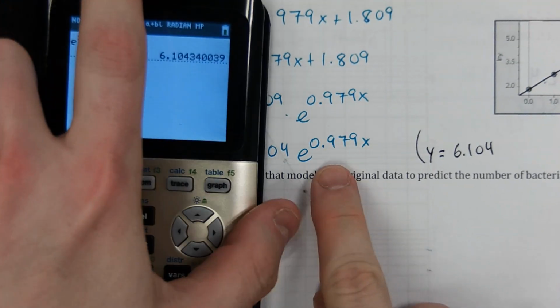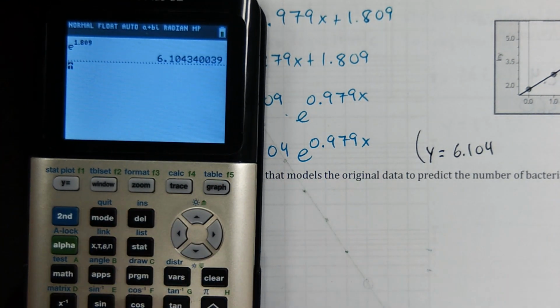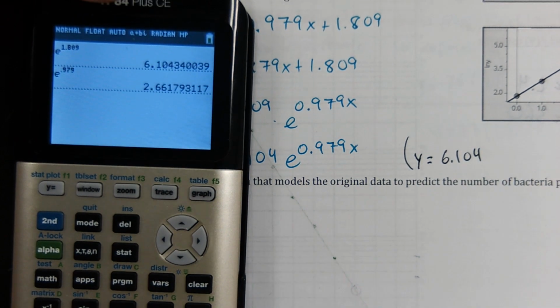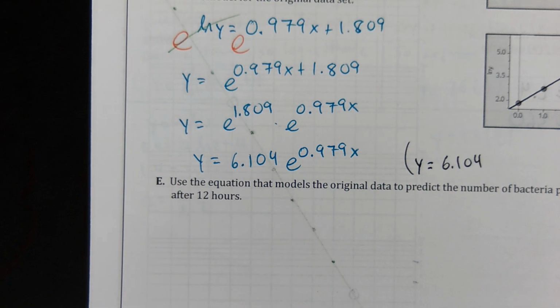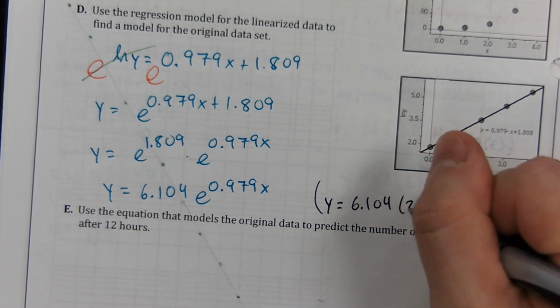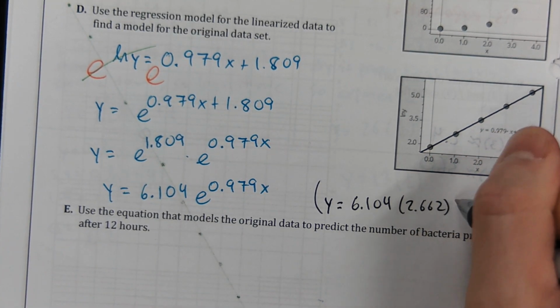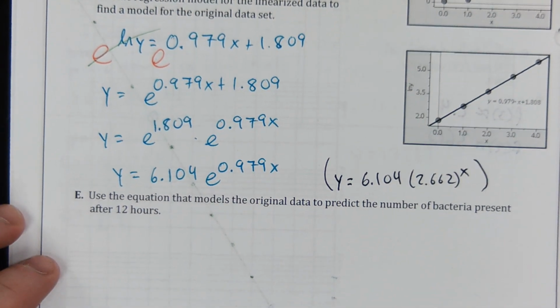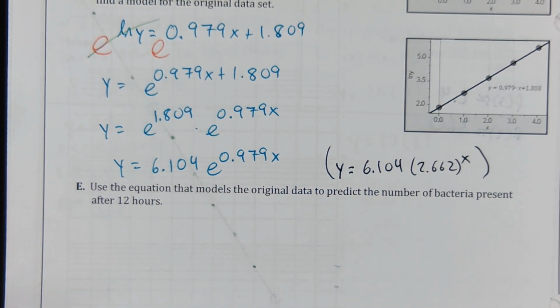I'm going to figure out what e to the 0.979 is. 2.662. So there is an exponential model that doesn't use e.